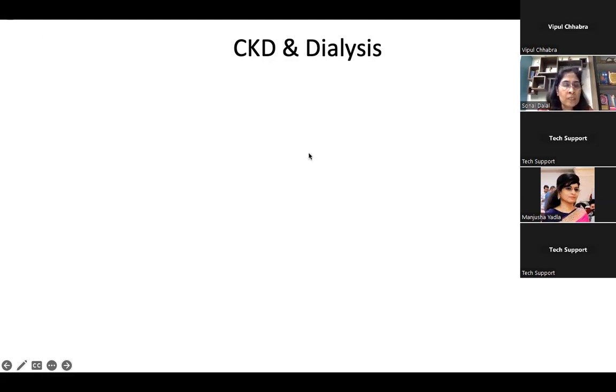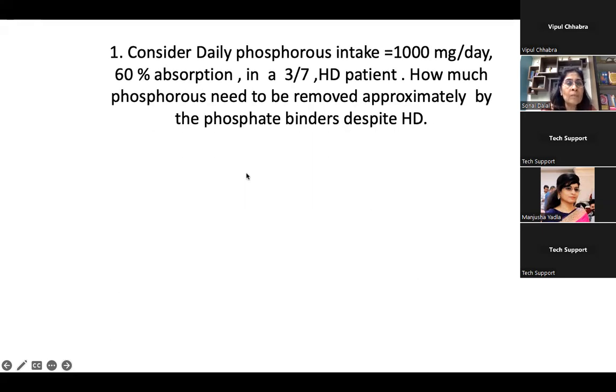The next round is our dialysis and chronic kidney disease round. The first question in the second round is, if you consider that daily phosphate intake is 1000 and 60% of this 1000 is absorbed, and in 3 dialysis per week HD patients, how much phosphorus needs to be removed approximately by the phosphate binder despite HD?